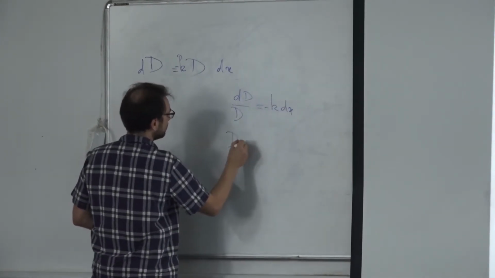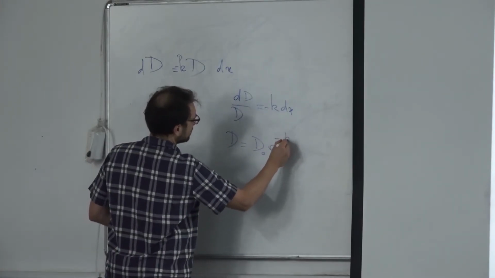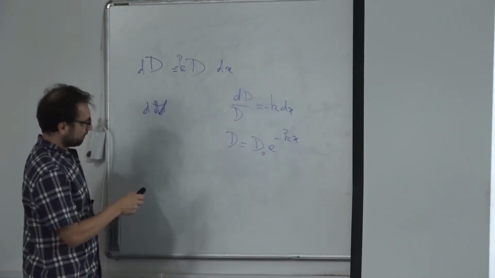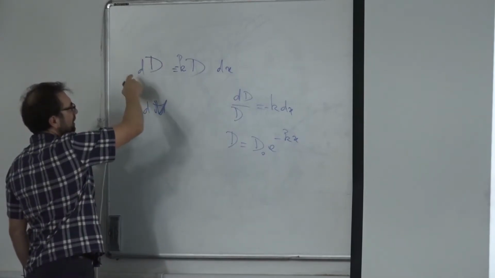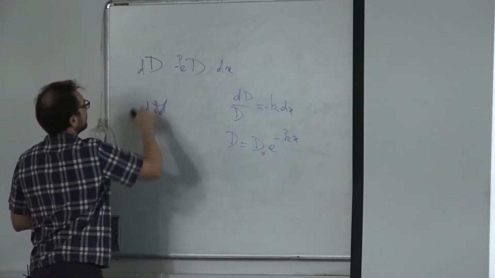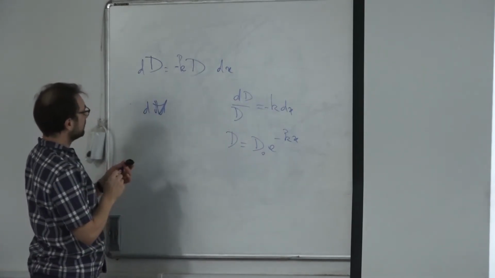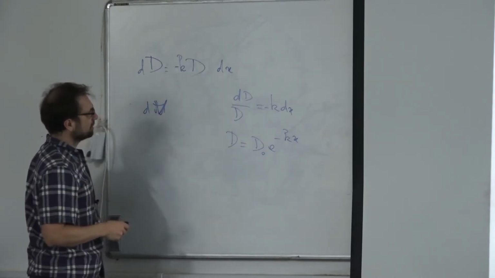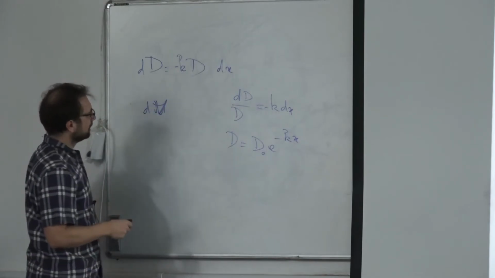This gives an exponential decay. So here you are just assuming that the loss of mass or the loss of diameter by abrasion is just a function of the travel distance and of the diameter at a given moment.